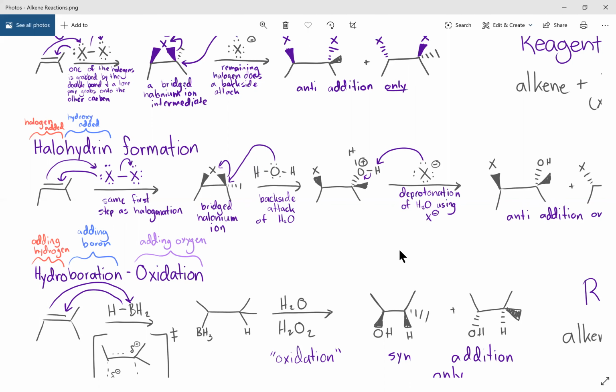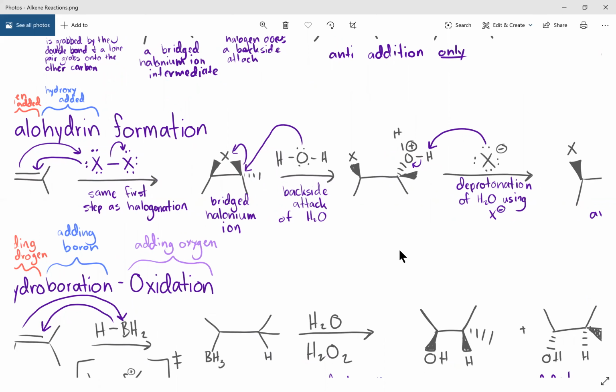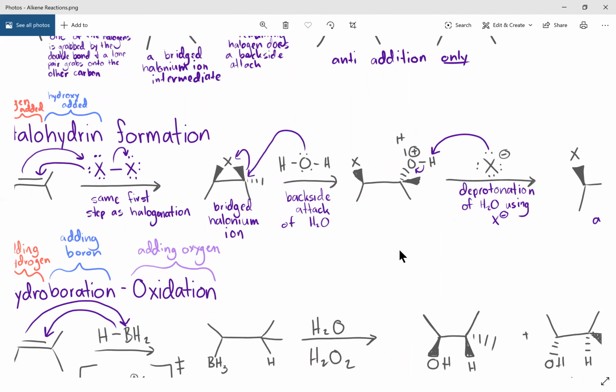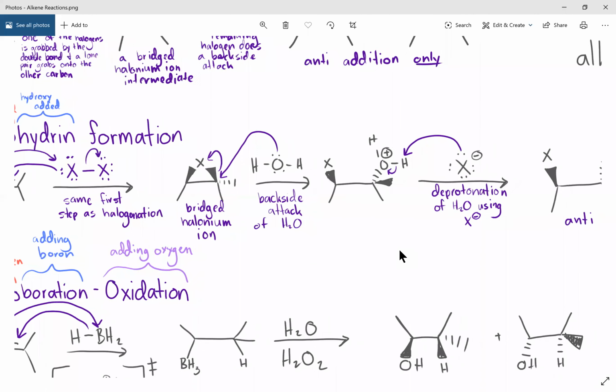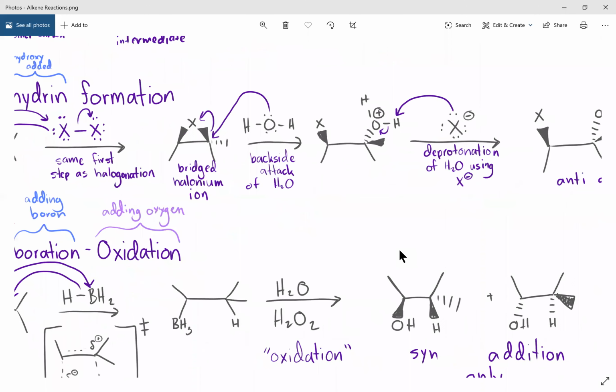The same first step as halogenation occurs. We have X2. One of the halogens attacks the double bond at the same time as the double bond attacks the halogen, and we end up with a bridged halonium ion intermediate. Then the same thing happens as before, except instead of using X, we're going to be using H2O. What occurs is a backside attack of H2O, and then we have a positively charged oxygen, from which one of the hydrogens is taken by the halogen from the beginning.